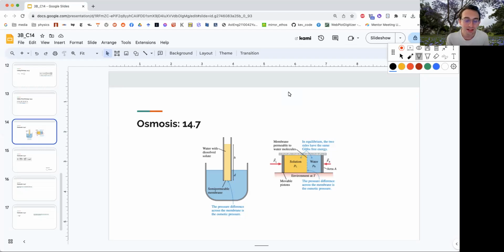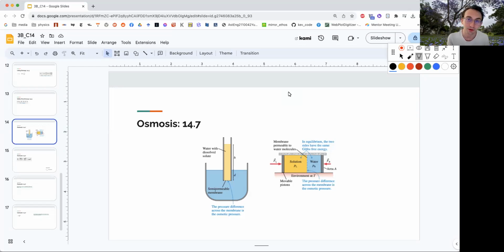But basically, I just want to make sure to go over osmosis thoroughly because I do think it's an important process that I want you to understand from the perspective of physics, in particular because it's an entropy-driven process. And so that's why it's in chapter 14.